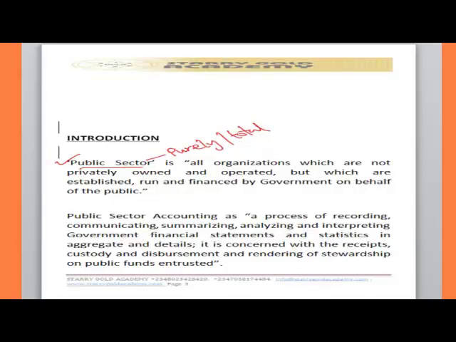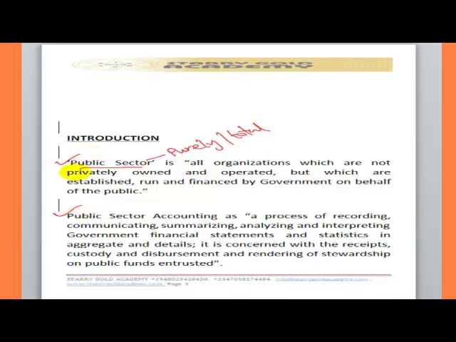Another author has defined it as a process of recording, communicating, summarizing, analyzing, and interpreting the information in order to facilitate decision making.